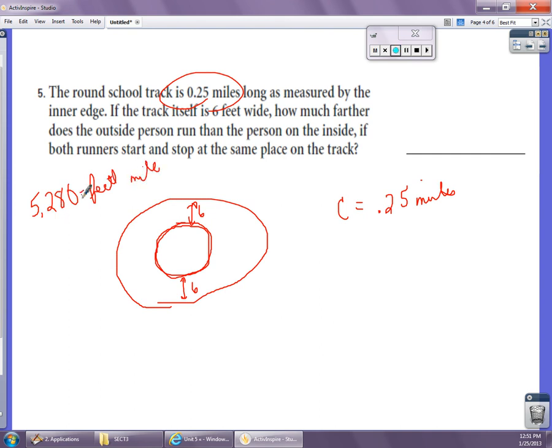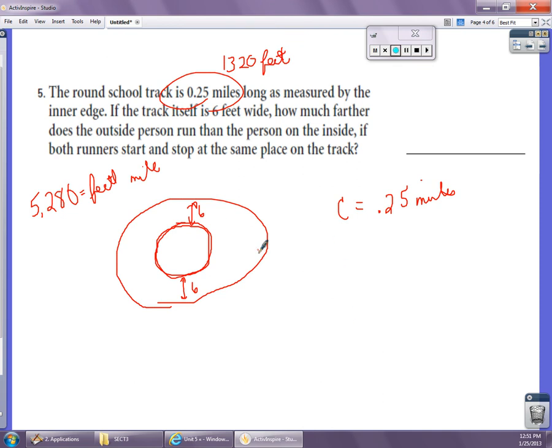Okay? So if I want to know how many feet this is, I'm going to multiply 0.25 times 5,280. And you get that it's 1,320 feet. The reason I did that is you want to have the same measurements within a problem.